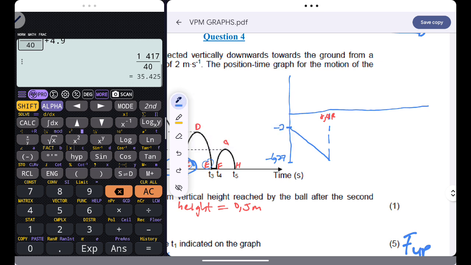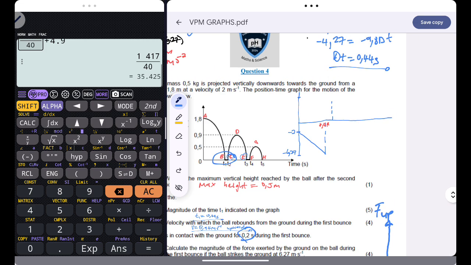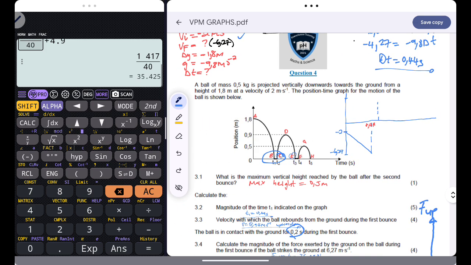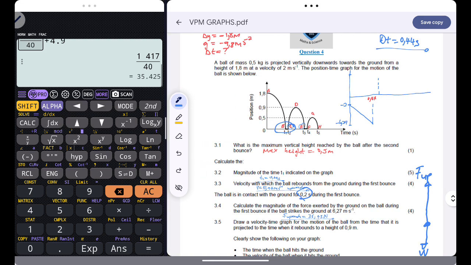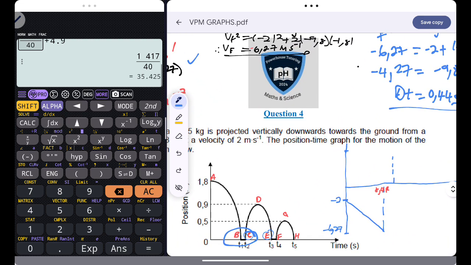And then it will bounce at the speed of, what did we get? We got 5.94 meters per second. 5.94, and then it will go to maximum height, né?